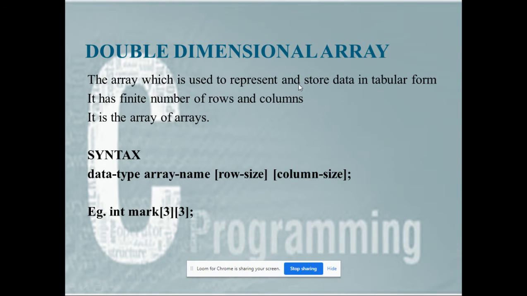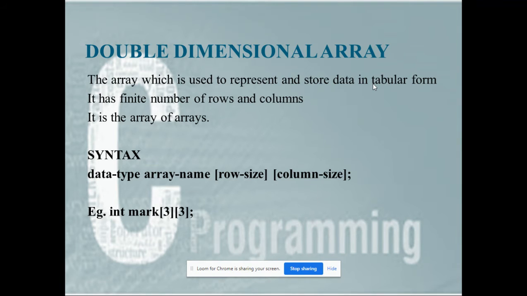It is the array used to represent and store data in a tabular form. When you want to represent a table, then you go for a double dimensional array. It has a finite number of rows and columns. For example, 2 rows and 2 columns, 3 rows and 3 columns, 2 by 2 matrix and 3 by 3 matrix, all those things. So it is also called an array of arrays.